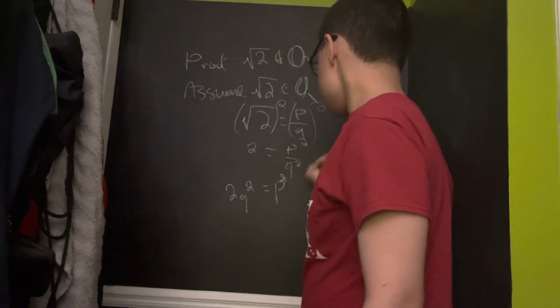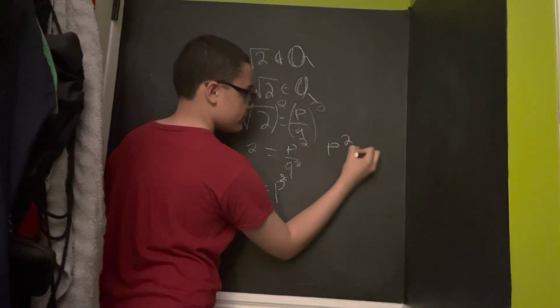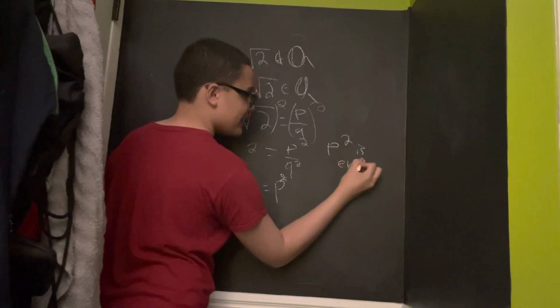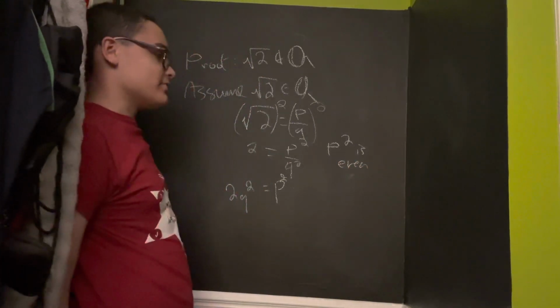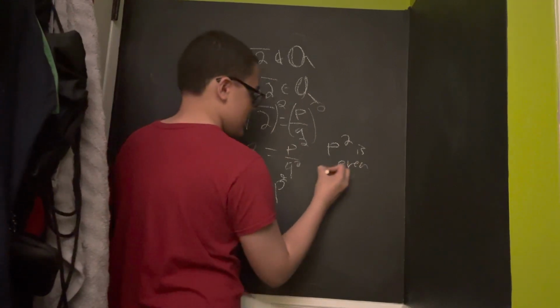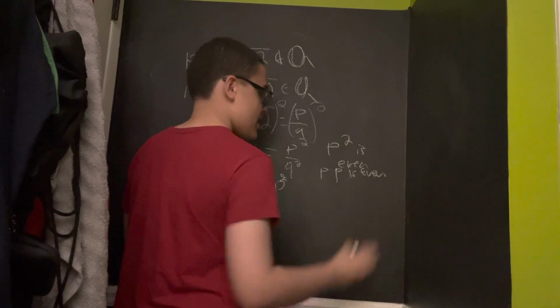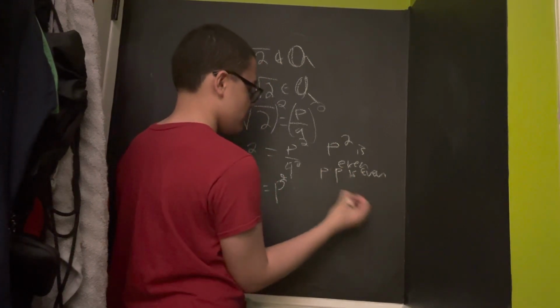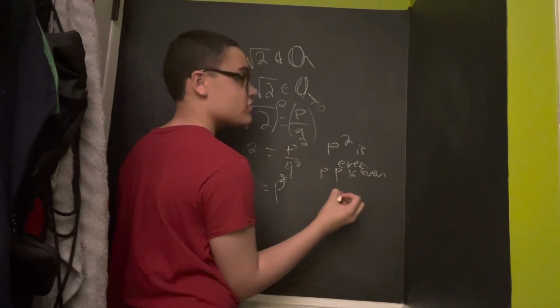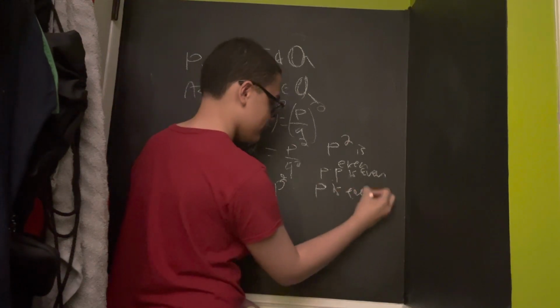This means that P squared is even, and this means that P times P is even. Therefore, since the product of two evens is an even, as we just showed, this means that P is even.